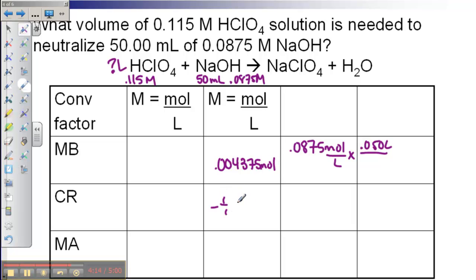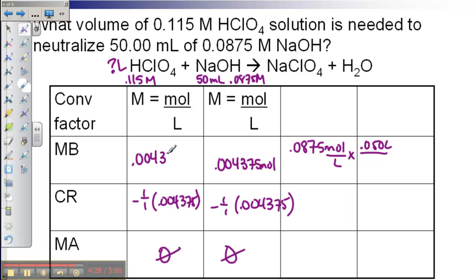So if we set up our fraction, we get 0 there. We end up with 0 there, which means we started with the same number of moles. It's a 1-to-1 mole ratio. So now we have to use the formula to calculate the volume.